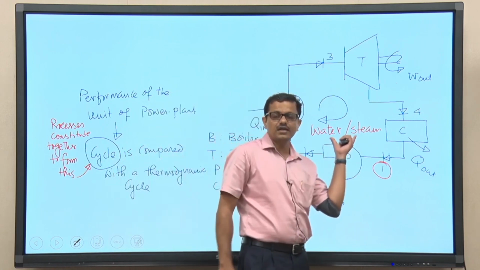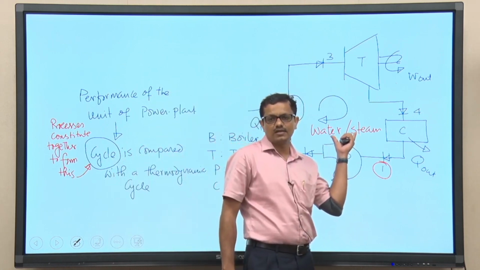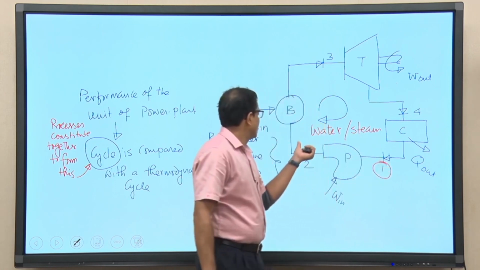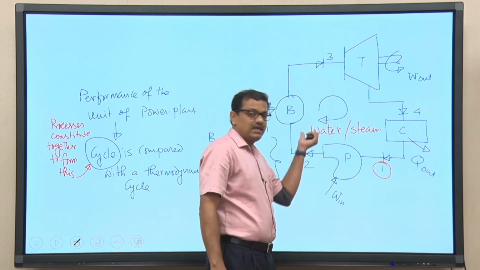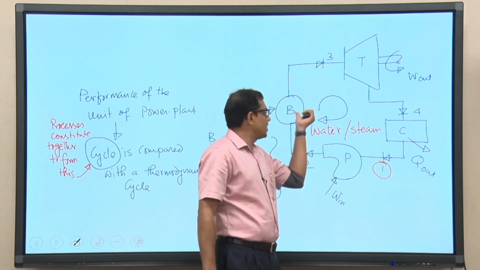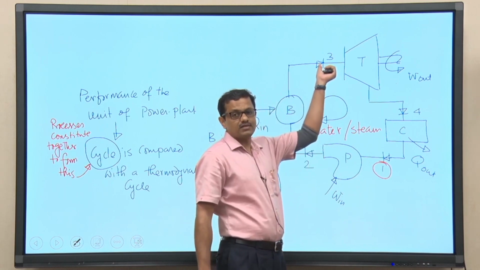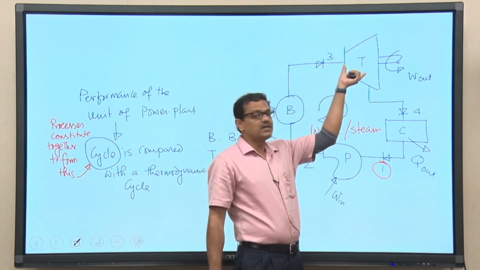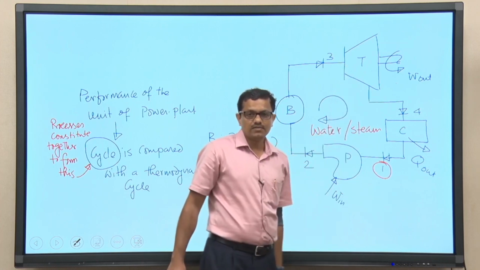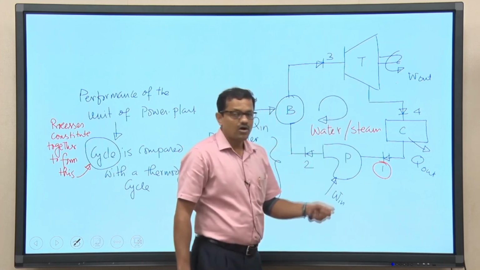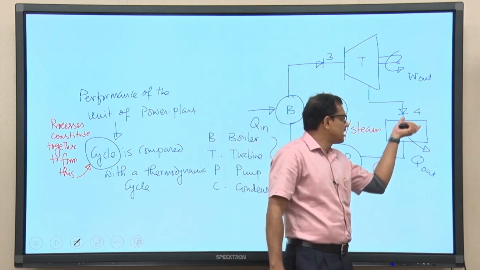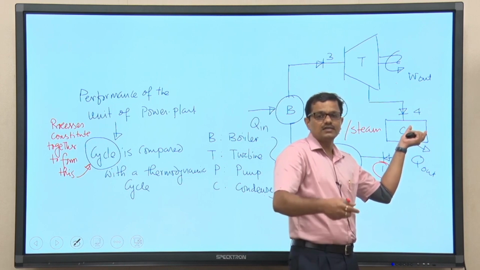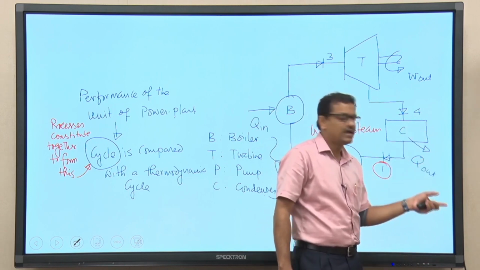To some extent irreversibility will be there, whether the liquid is pumped from 1 to 2, or the liquid is heated inside the boiler and converted into steam at state point 3, or the steam is allowed to expand inside the turbine following a reversible adiabatic process, or the steam is taken to the condenser for release of heat to the ambience.